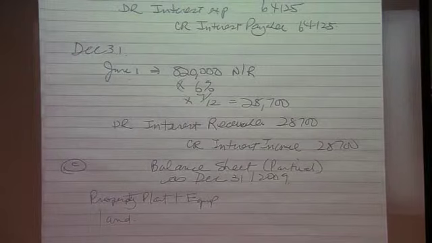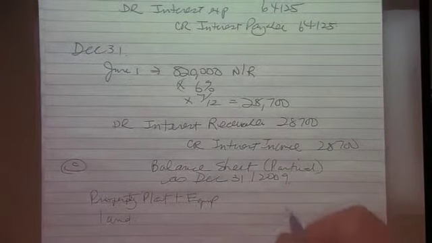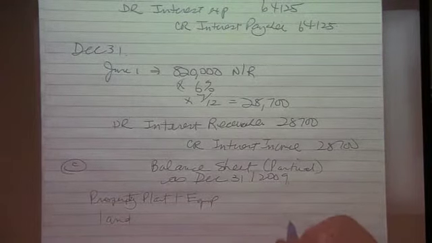That would be $5.9 million. And then we sold $300,000 in June, so that land would be $5.6 million.